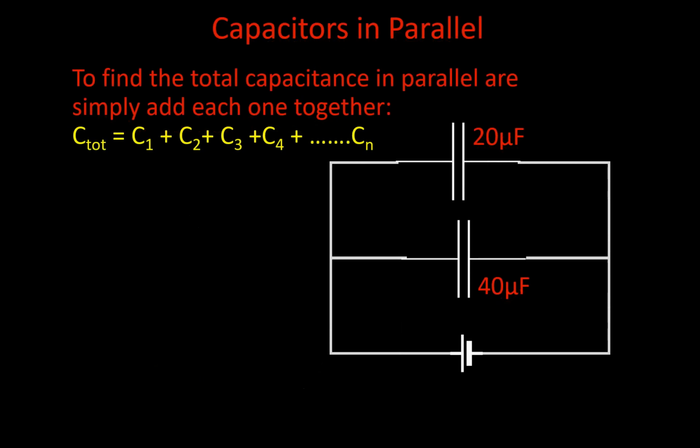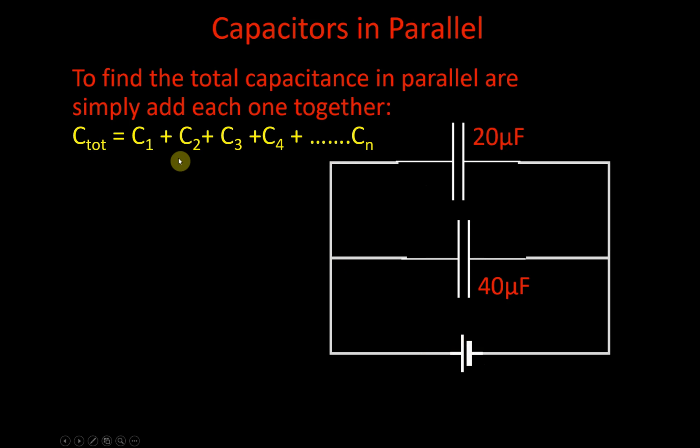Now, if we take the same capacitors, the 40 and the 20, and now we put them in what we call a parallel configuration. That means there's parallel paths for the electricity to travel through. So the electricity comes out of this battery and then can split through two directions. Some electricity going through the 20, some going through the 40. And we'll discuss this in terms of resistance later on.